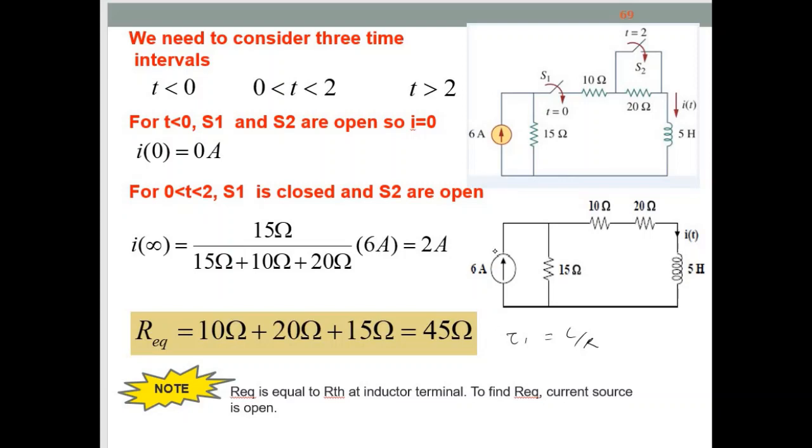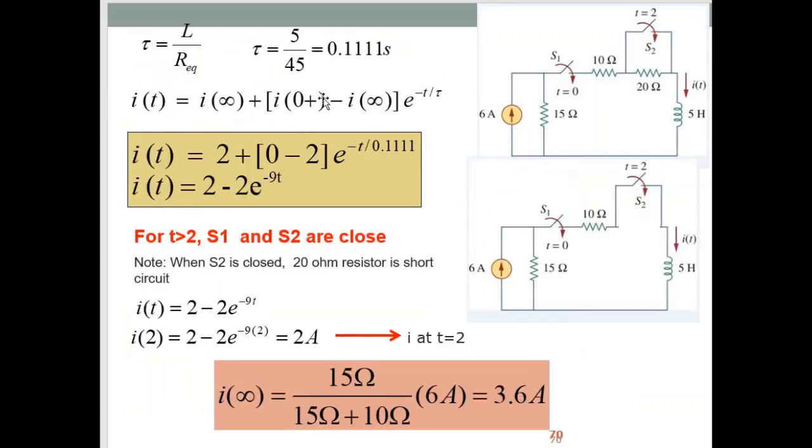Remember, to disconnect or remove the current source, I is equal to 0. I equal to 0 is similar to an open circuit. So no more this one. That's why the inductor sees the 10, 20 and 15 ohm as a series connection, 45. Okay, settle for the second time interval.